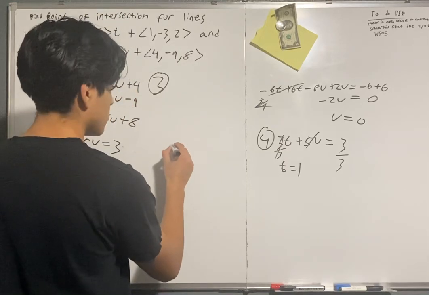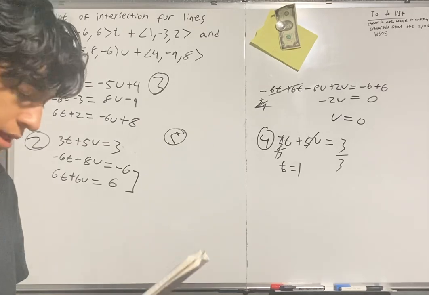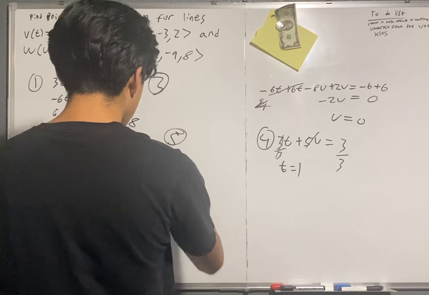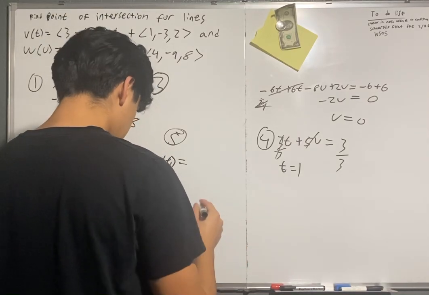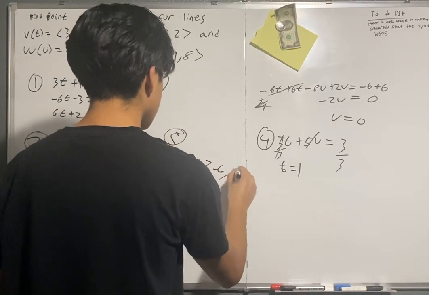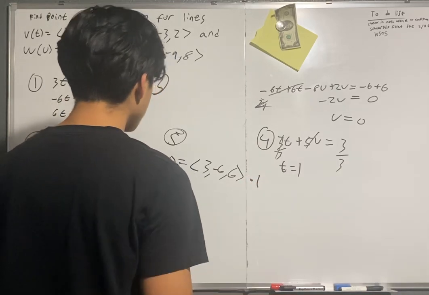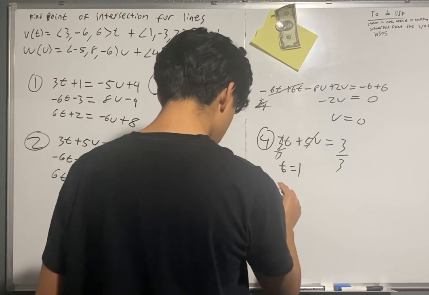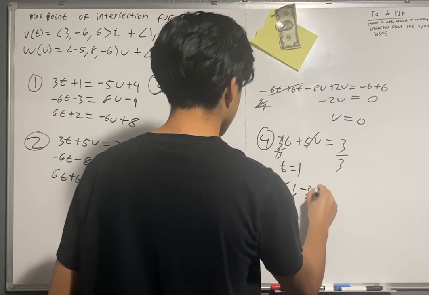We're gonna go here, I'm gonna put step 5. It's getting a little messy. I just forgot to use my notes. So vt is equal to our first vector right here, 3, negative 6, 6 times 1, because we have t right there. And then we do plus 1, negative 3, 2.